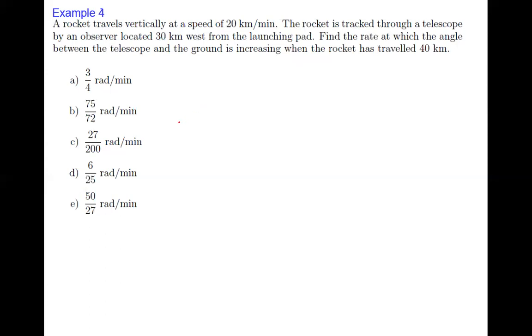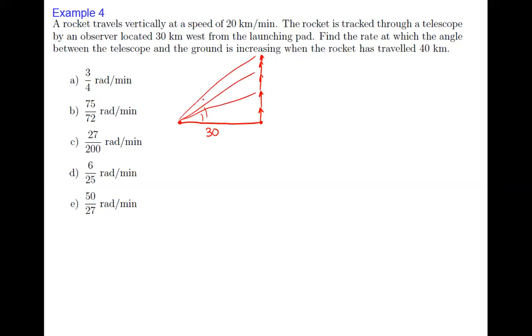Okay, that means what we have. We do have a rocket. Let's say the rocket is traveling up, of course. And that's the launching pad, and that's the telescope, which is 30 kilometers apart. And the telescope, of course, is looking at the rocket this way.